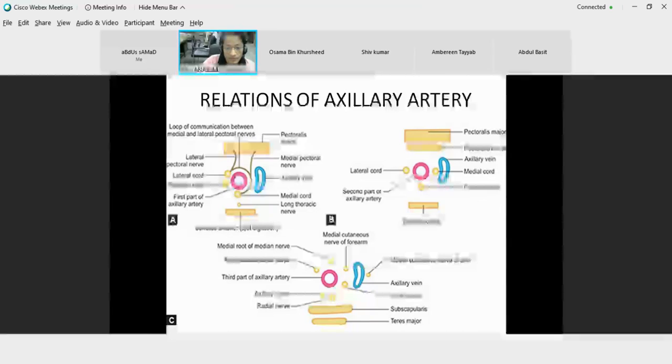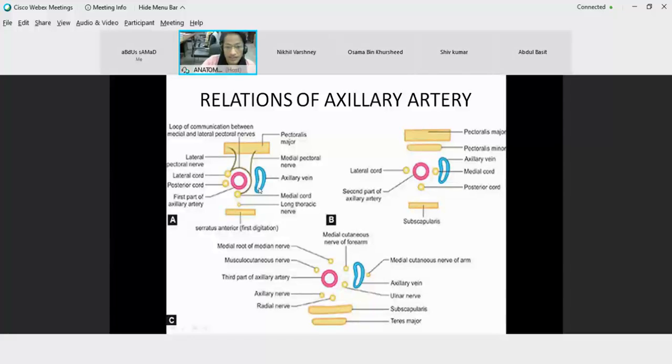Yes, serratus anterior muscle. Okay. So these are the three posterior relations of the first part of axillary artery, that is medial cord of the brachial plexus, long thoracic nerve which supplies the serratus anterior muscle, and the first digitation of the serratus anterior muscle. Now coming to the medial relation, as I have already said, throughout its course the axillary vein is medial to the axillary artery.